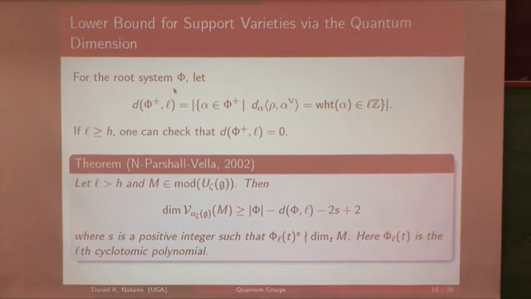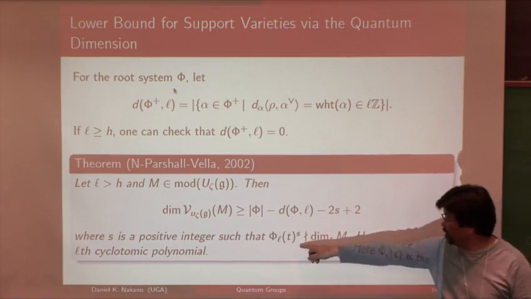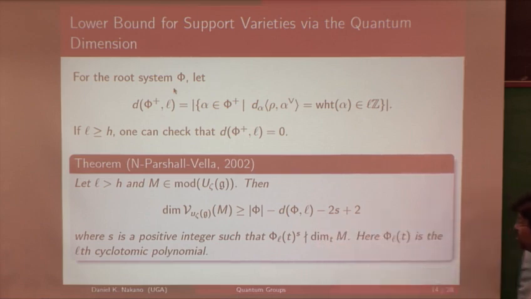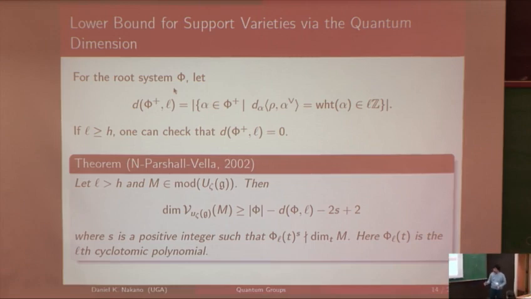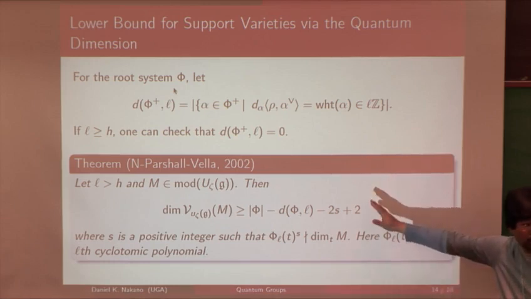So where does the s come in? The s comes in from looking at when the L-cyclotomic polynomial divides or doesn't divide the graded dimension. So this gives you a connection between the graded dimension of the module, the divisibility of certain cyclotomic polynomials inside the graded dimension, and being able to push the dimension of the support variety up.